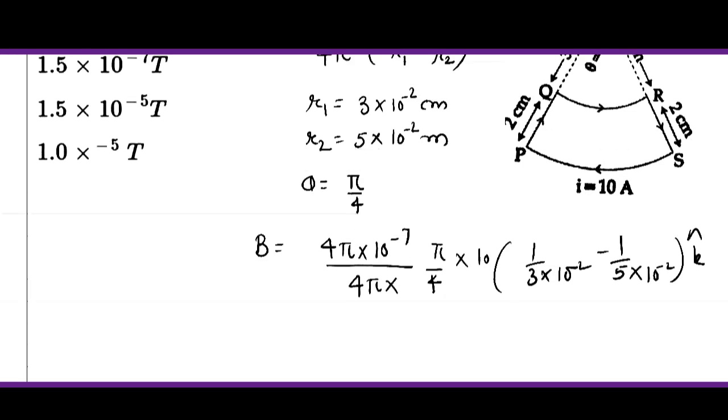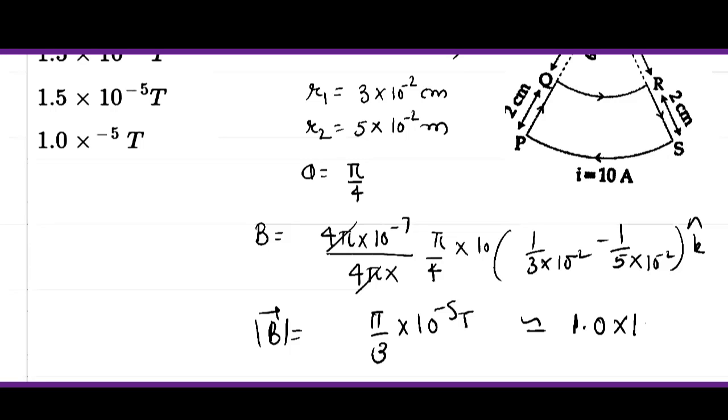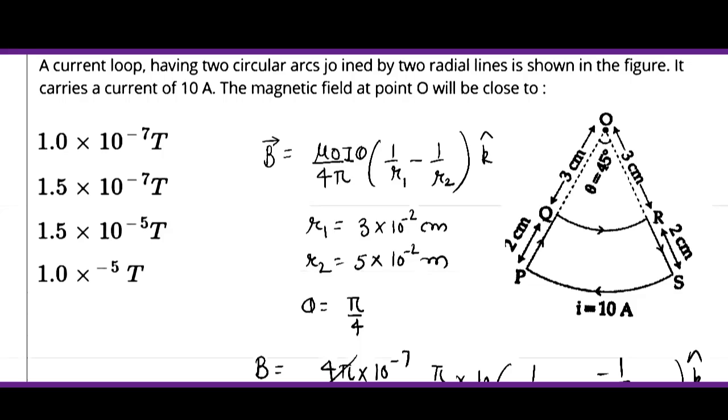Now on solving, 4 pi cancels, and after solving we get the value of the magnetic field equal to pi upon 3 into 10 raised to power minus 5 Tesla. That will be nearly equal to 1.0 into 10 raised to power minus 5 Tesla. Hence option D is right.